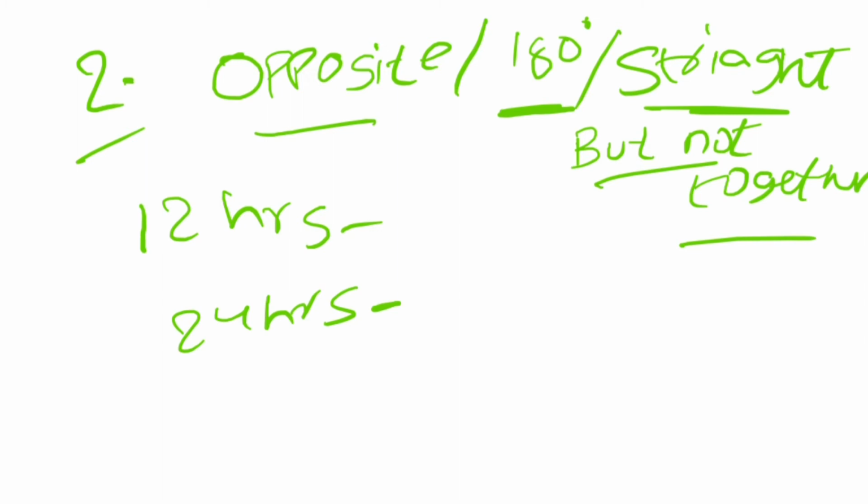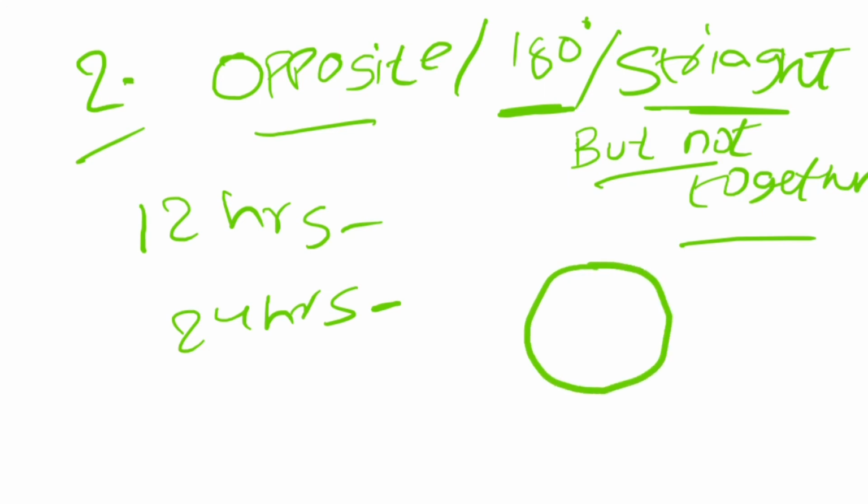Okay, so as I said earlier, there is a clear explanation for this also. When the minute hand is at 12 and the hour hand is at 5, for example, I'm drawing diagrammatically for your convenience.